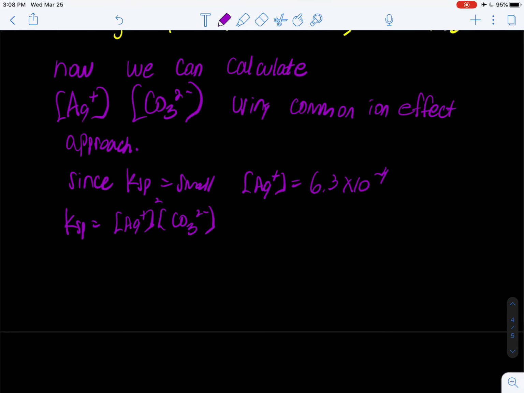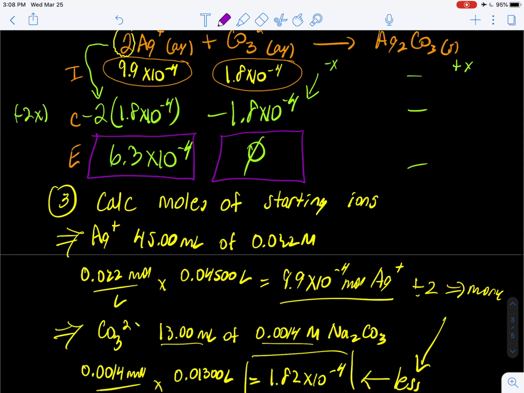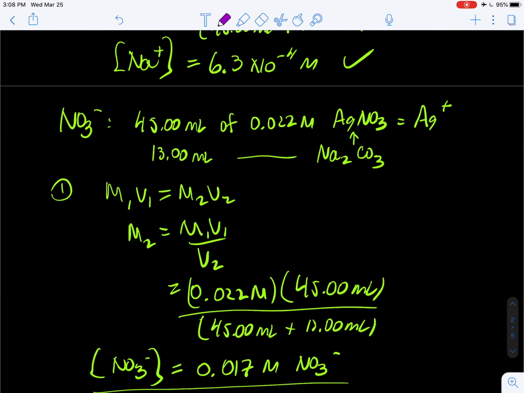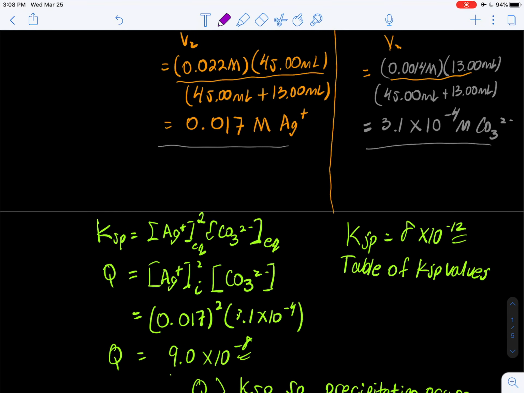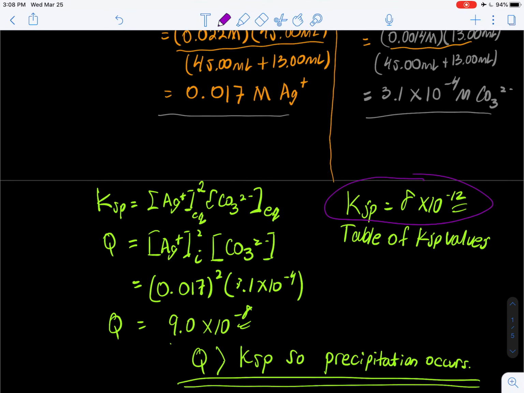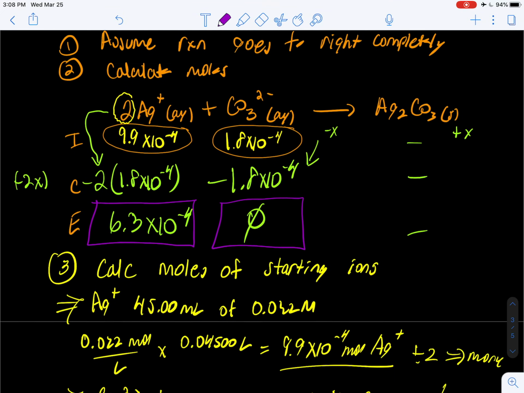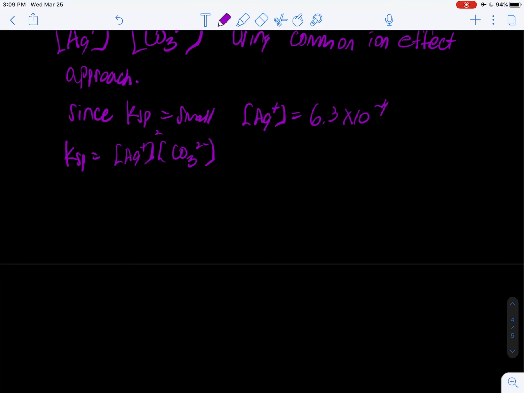I said it was, that was a while ago we discussed or used that. Ksp is 8.8 times 10 to the minus 12. Okay, and that's going to be equal to 6.3 times 10 to the minus 4 squared times carbonate.